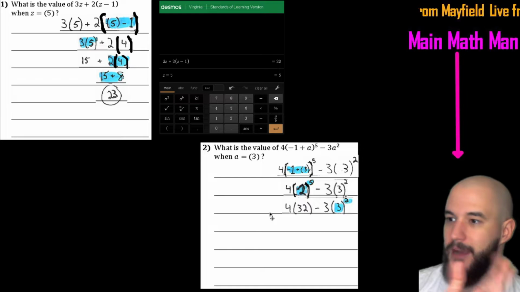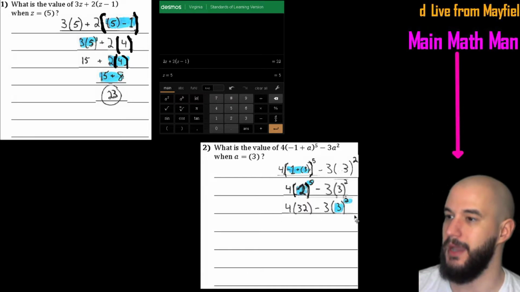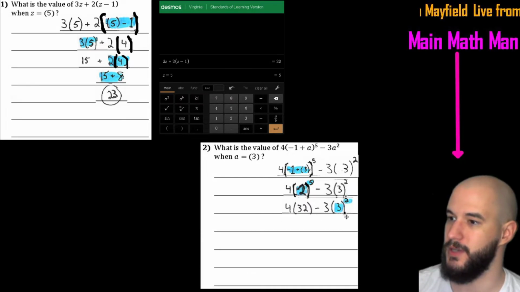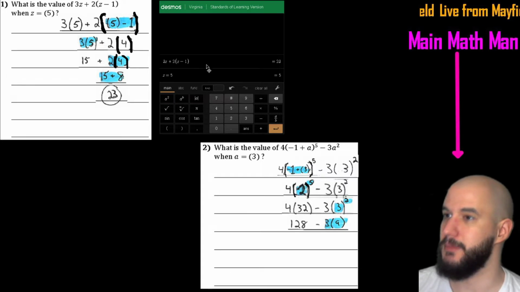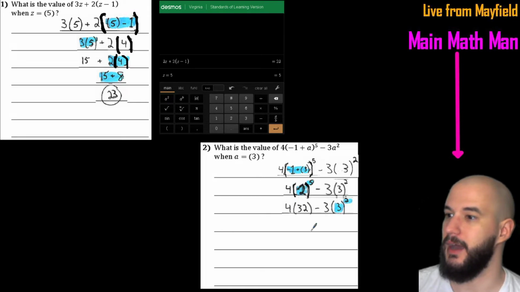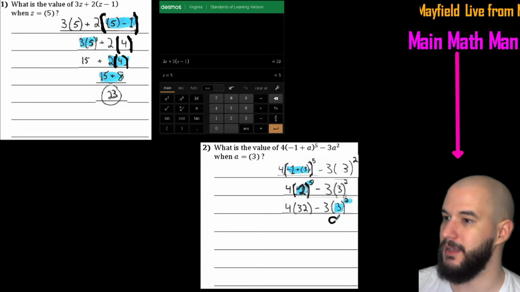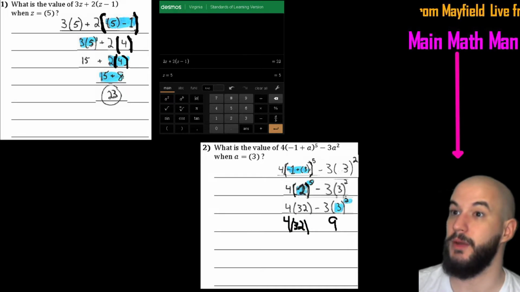Once I get that, again, everything else stays the same. I want to make sure I do one operation at a time. So now I do exponents, and so I can do 3 squared. That's going to be 9. Actually, I skipped a little step there, so let's actually write this in. I have 9. I'm going to have 4 times 32, and that's what I would do next.